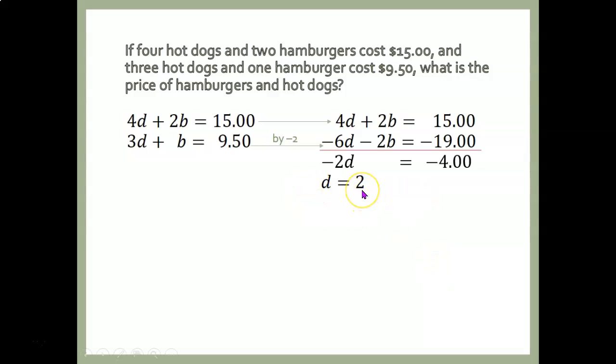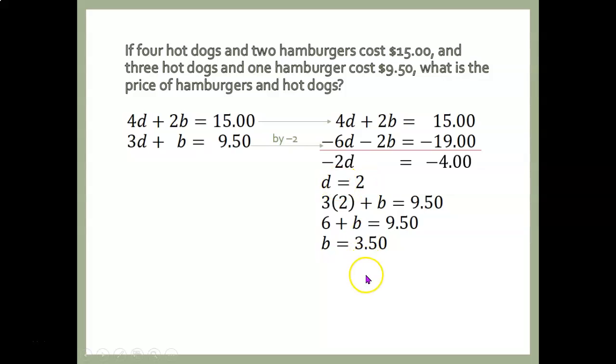Now take that 2 and put it in place of D in either one of these equations. The bottom one maybe looks simplest, so 3 times 2 plus B equals 9.50. 6 plus B equals 9.50. Subtract 6 on both sides. B equals 3.50.